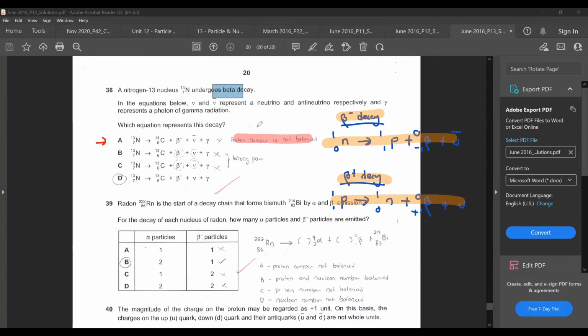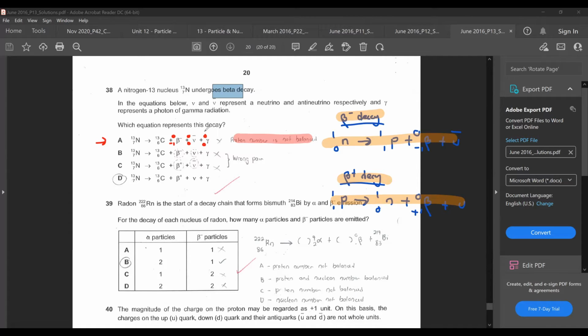This one is going to be -1, this is 0, 0, 0. Gamma radiation is just an EM wave. There's no proton or nucleon number to consider. You can also think of it as 0, 0. Now you try to add this up, and you will see that your proton number is not balanced.